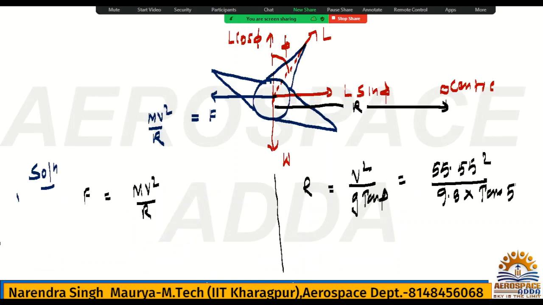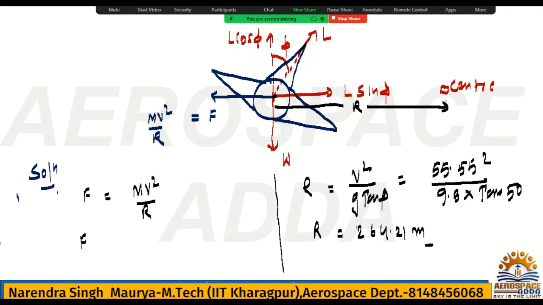So R is the radius of turn, and the unit will be meter. You calculate 55.55 square divided by 9.8 divided by tan 50. I am getting 264.21 meter.